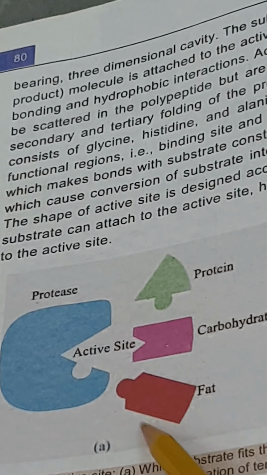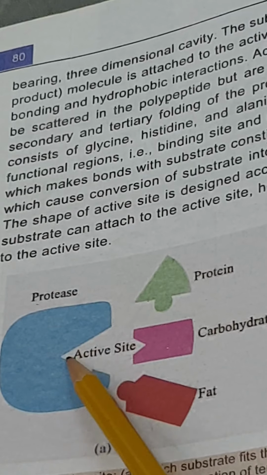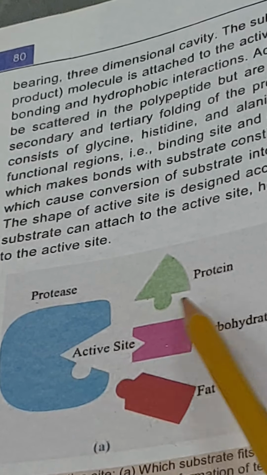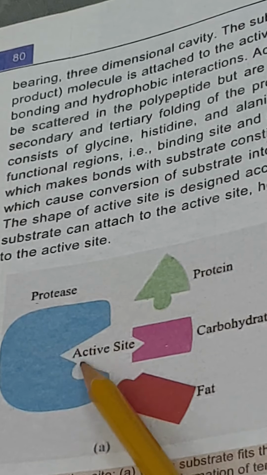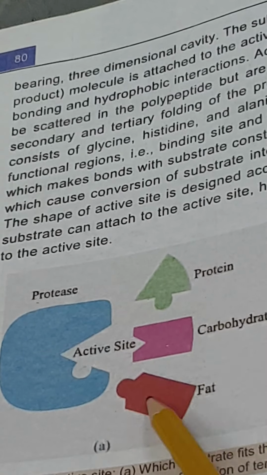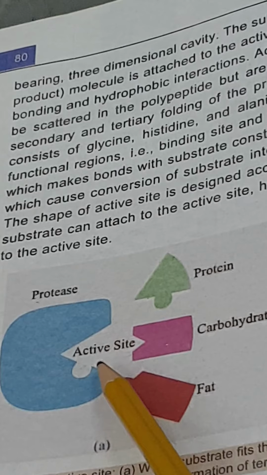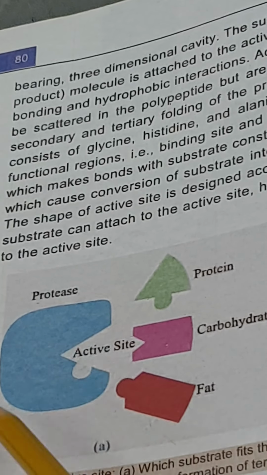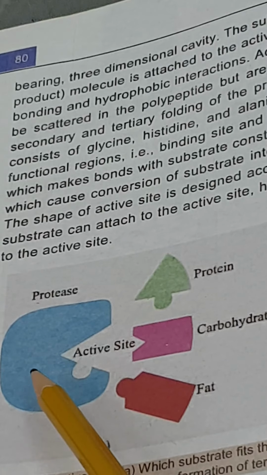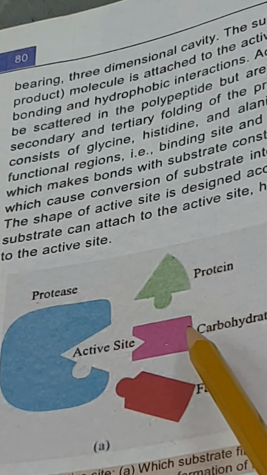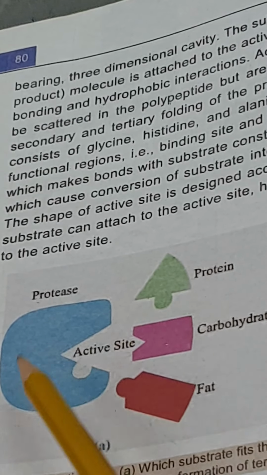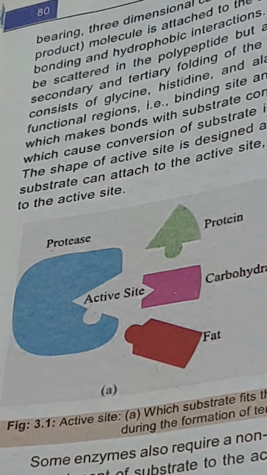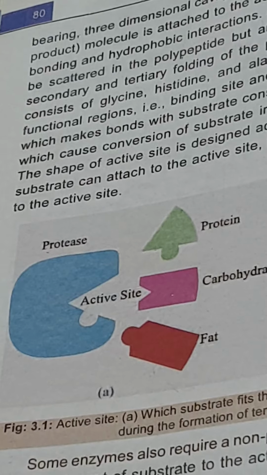If the shape of the substrate and the active site do not match, then there will be no binding of that chemical compound with the enzyme. So the enzyme has a specific shape which is known as the binding site. Another site, in which specific amino acids are responsible for the change of the substrate into product, is known as the catalytic site. And the enzyme has these two sites.